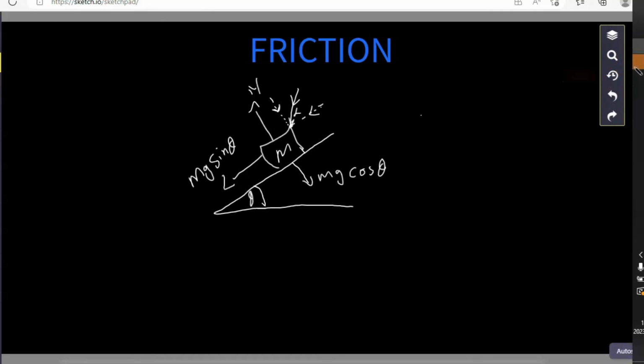The force, let's say it's a force of F. We are going to have F cos alpha. Let me move this down.